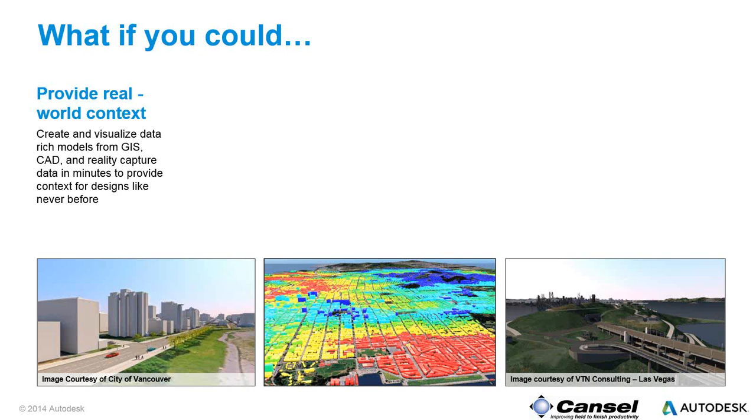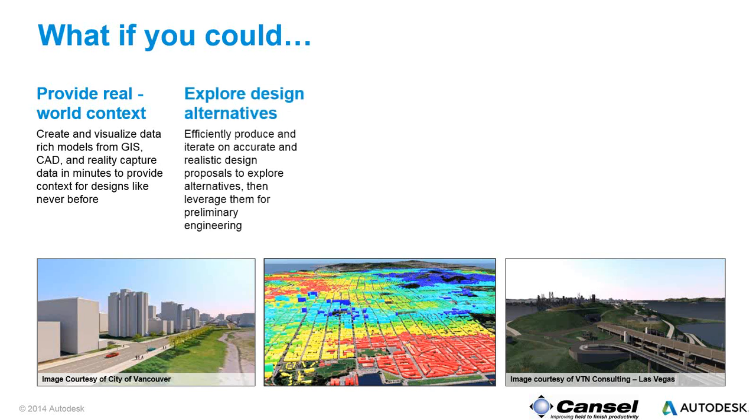So we create and visualize rich models from GIS, reality capture, even survey. Then you explore design alternatives. Infraworks calls them proposals. You create what's called a master, and then you can add on to it, option 1, option 2.